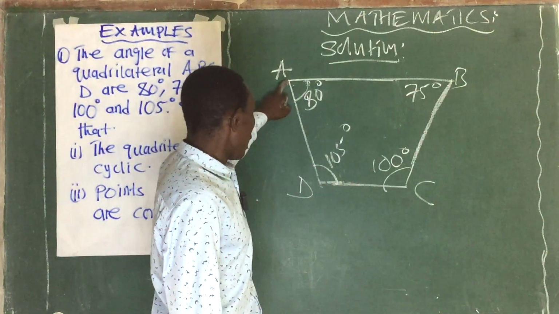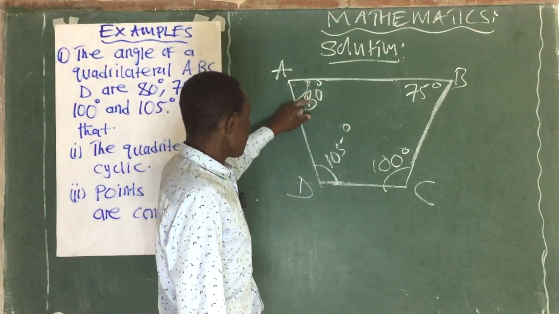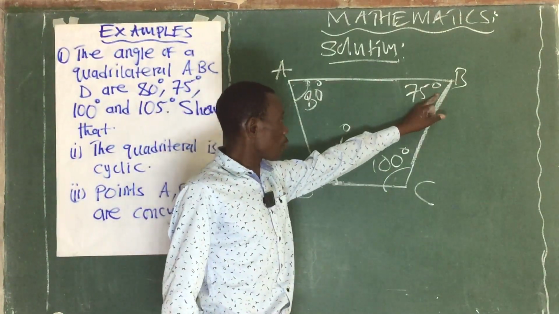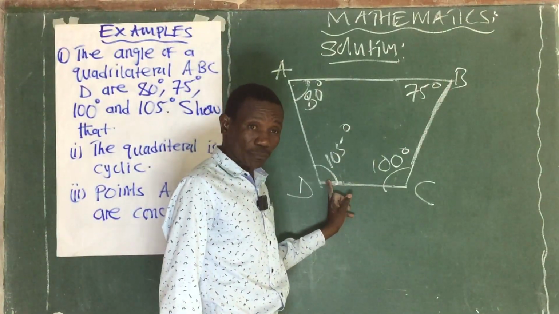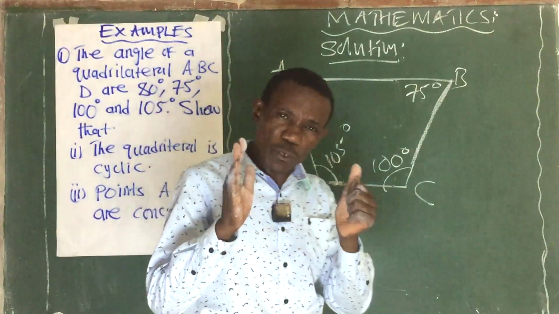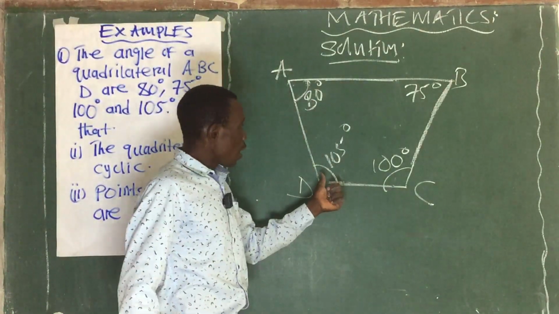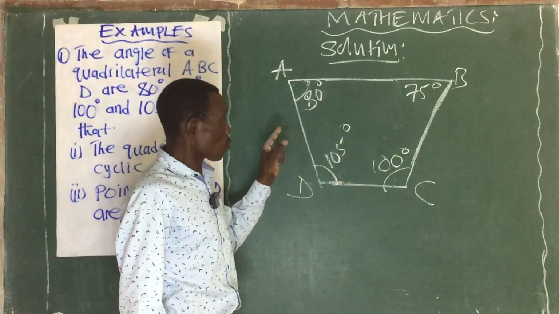Now here we have angle A and angle C. They are opposite to each other. This is 80, this is 100. In the same vein, we have angle B and angle D. They are also opposite to each other. So by condition 2, I will calculate the sum of the opposite angles of this quadrilateral.